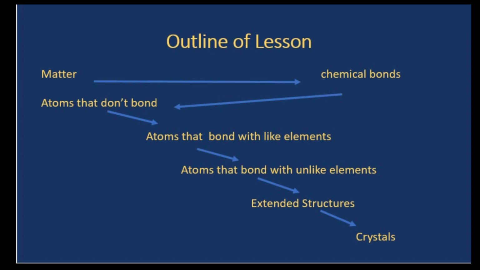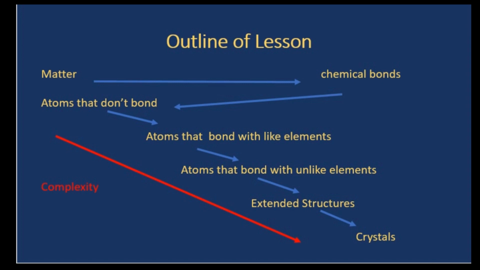After we get matter and chemical bonds, we can start looking at what makes up everything. We're going to do this in levels of complexity. We'll start off with atoms that don't bond with other things. Then we'll move to atoms that bond with other atoms of the same type, so the same element. Then we'll move to atoms that bond with unlike elements.